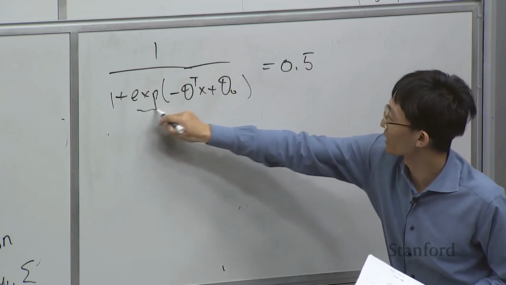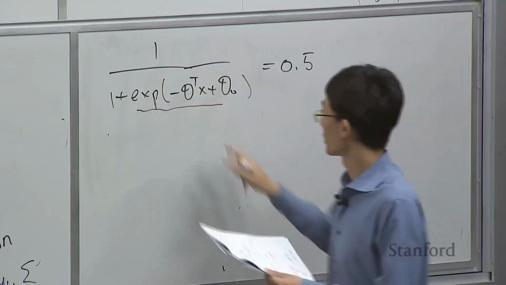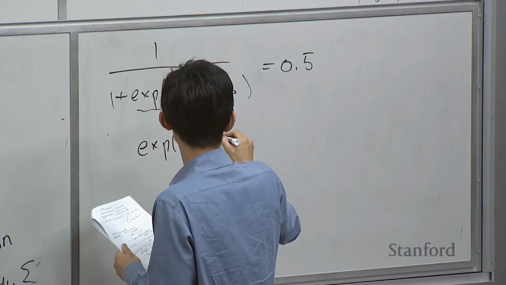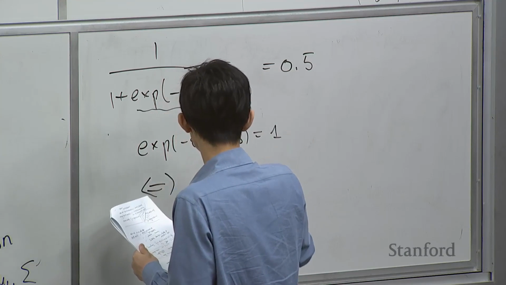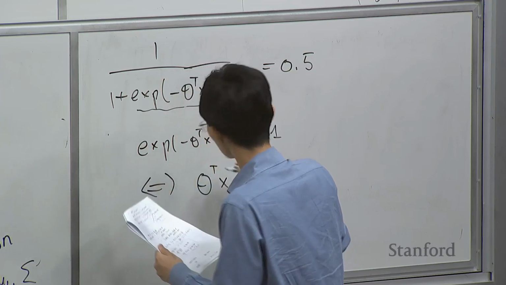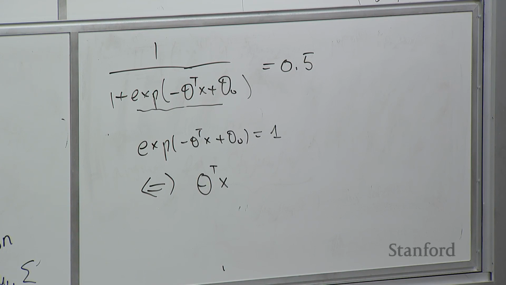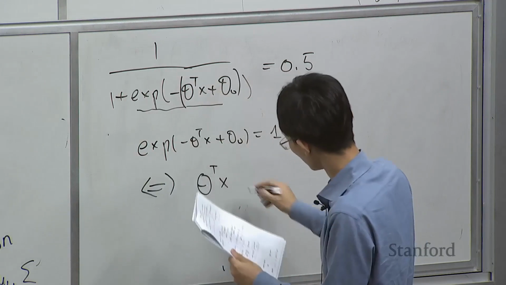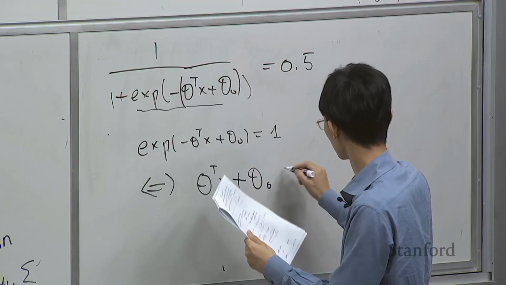This happens when the exponential is equal to 1, because then you have 1 over 2, which is 0.5. I think I need to have a parenthesis here, but because I'm being abstract, it doesn't matter that much. So it means the exponent is equal to 0.